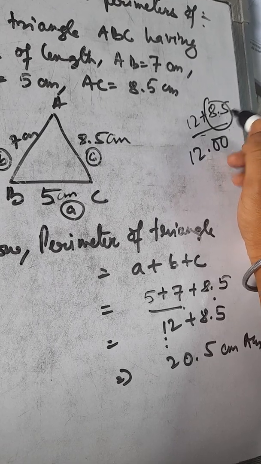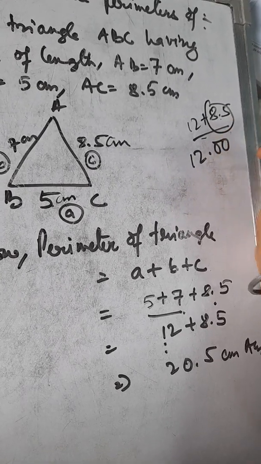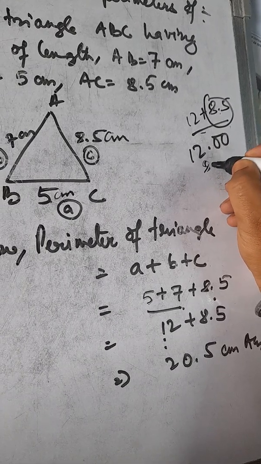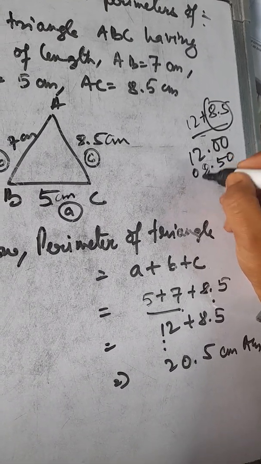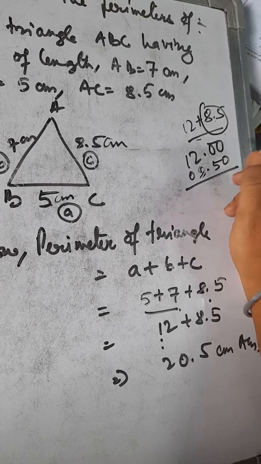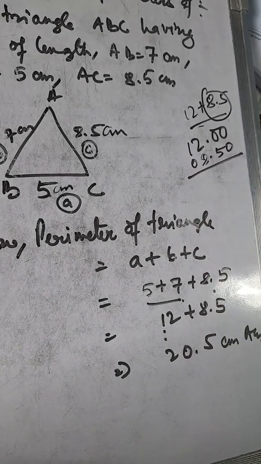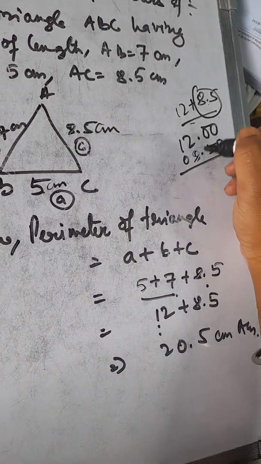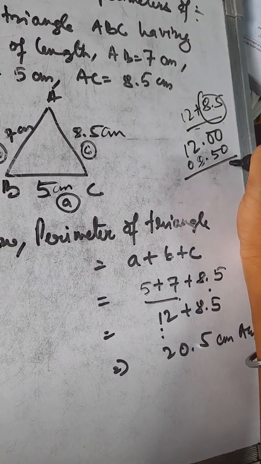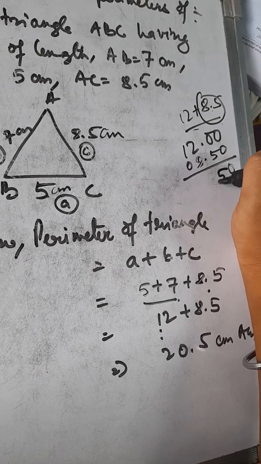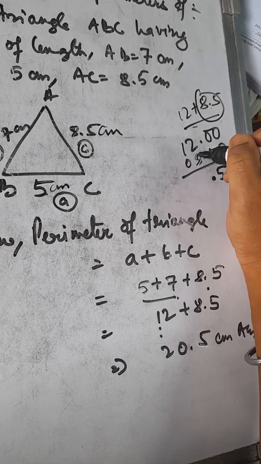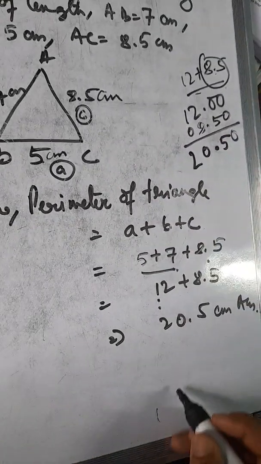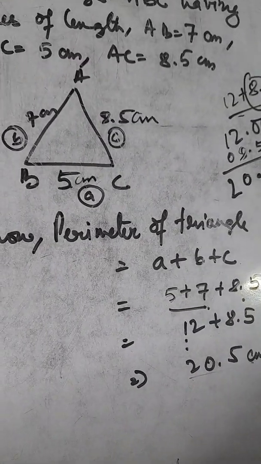So we put a decimal and zeros after 12, making it 12.00 and 8.50. The decimal will be in a straight line. Whenever you are doing addition or subtraction, follow this rule that the decimal should be in the same line. Now we add: 0, 5, decimal in the straight line, 8 plus 2 is 10, 1 plus 1 is 2. So the answer will be 20.5 centimeters.